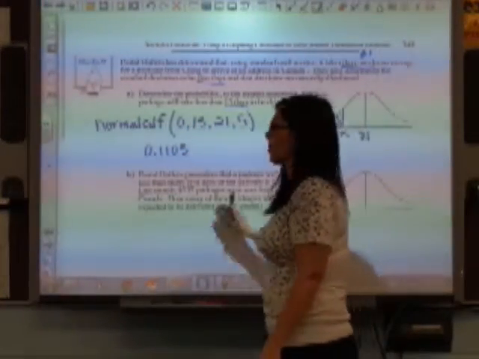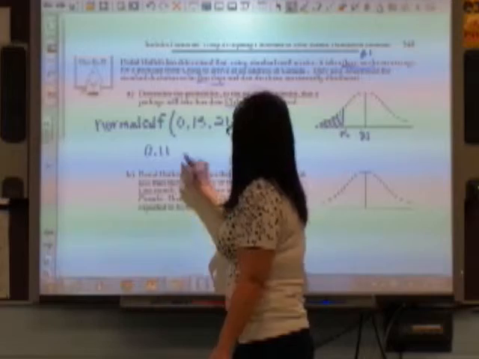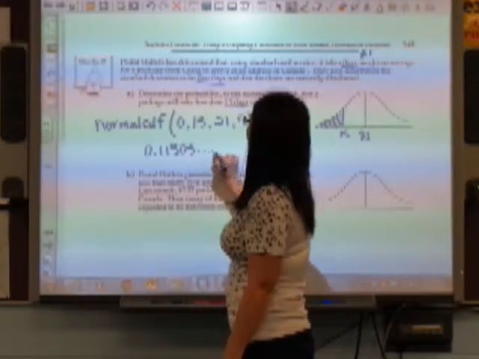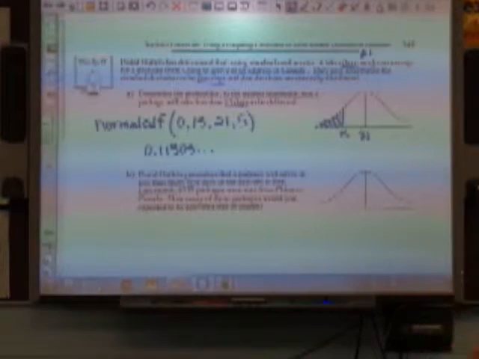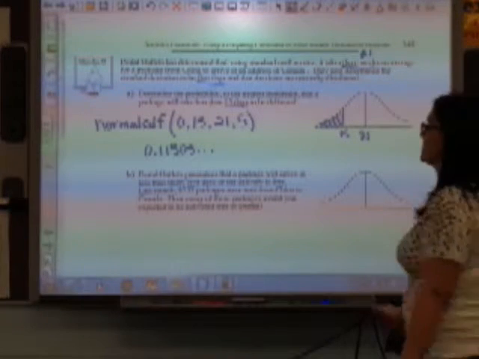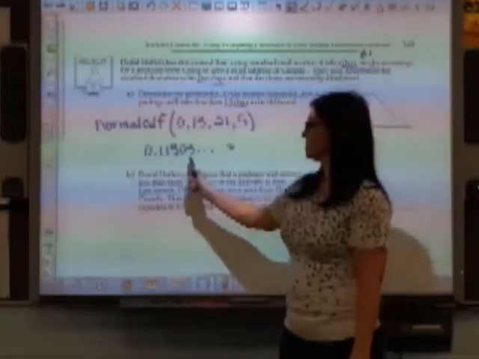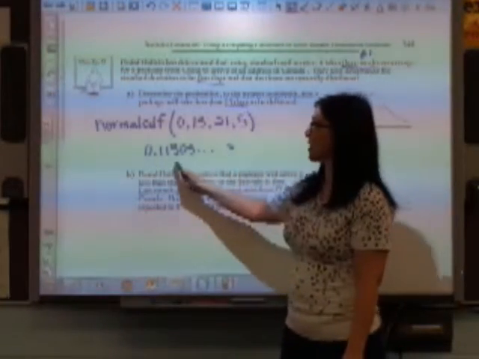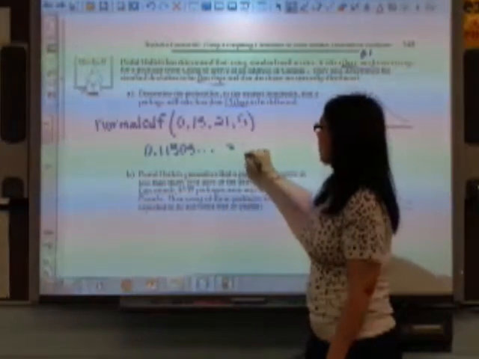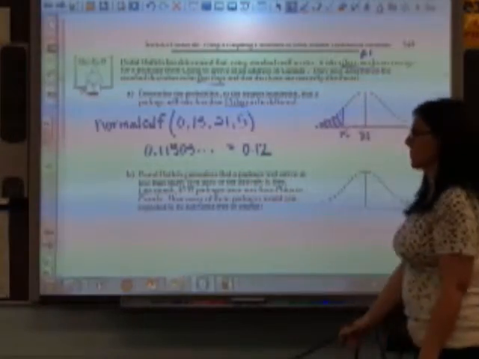So the probability to the nearest hundredth would be what? 0.11. Nearest hundredth would be 2 decimal places. 0.12. Okay?